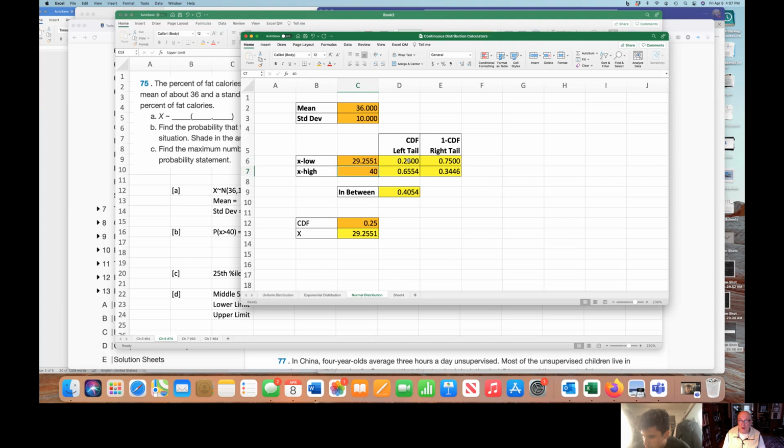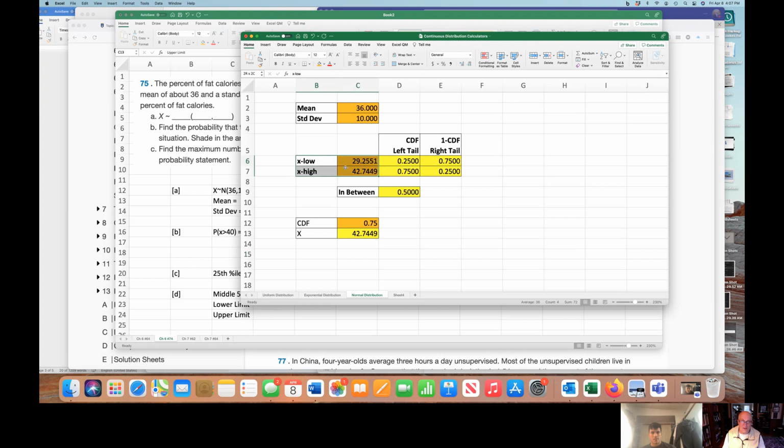That gives me 25% left tail, 75% above. What if I find the 75th percentile, which means that the right tail is 25%? That's 42.7449. Now, I'm not good at graphing on this, but I could probably sketch these graphs on a piece of paper, take a picture and put it in. And that gives me my in between of 50%.